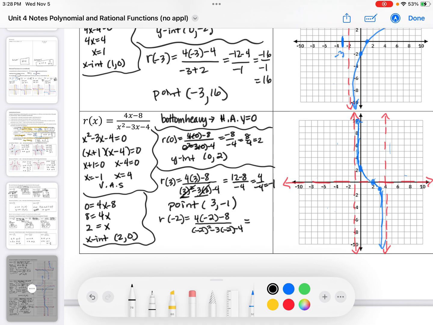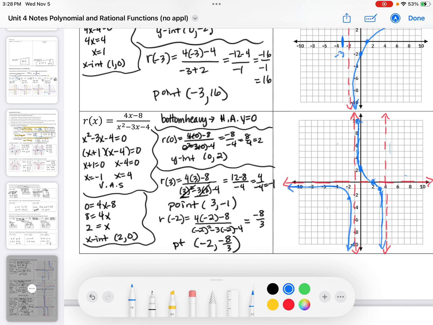And when you plug in -2, you're going to get -8/3. So we have a coordinate point of -2, -8/3. I'm going to go over to my graph: -2, -2 and 2/3, so about right there. So we know one of our branches lives here.